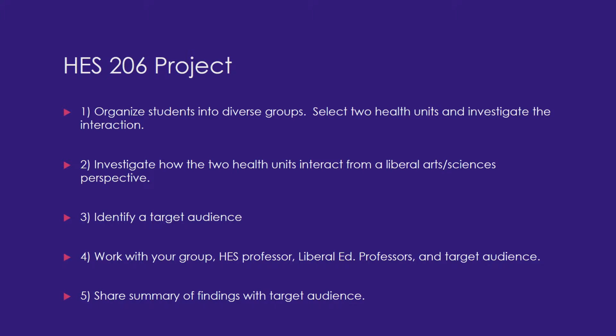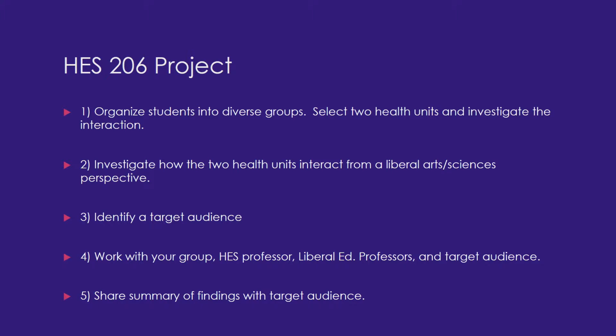The first step would be to organize students into diverse groups, and then they will select 2 health units and investigate how those health units interact. Once they form the groups and select their topic, they're going to investigate the interaction of these health units through one of the divisions of the liberal arts and sciences perspective: the humanities, the social sciences, and the math and natural sciences.